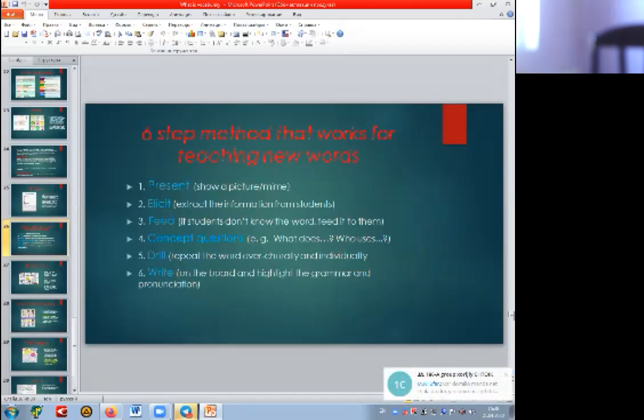And in order to teach new words, we have 6 steps in teaching. The first one is present. You know what's present? First, you show the picture or try to use different kinds of gestures or mimes in order to explain the meaning of a word, and elicit.